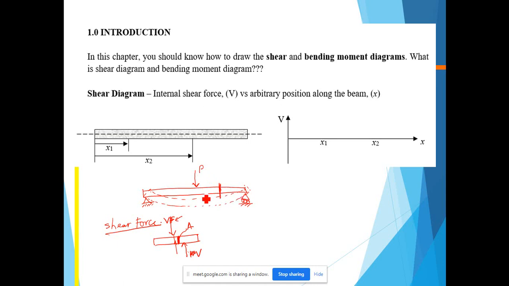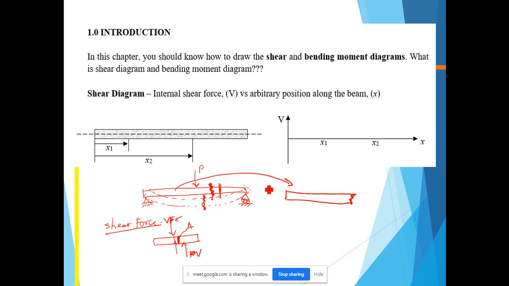So if we analyze the cross section of the beam, if we do the sectioning here and analyze it, this is the beam, and I take the left part of the beam.